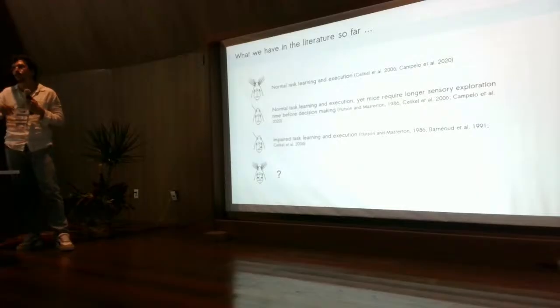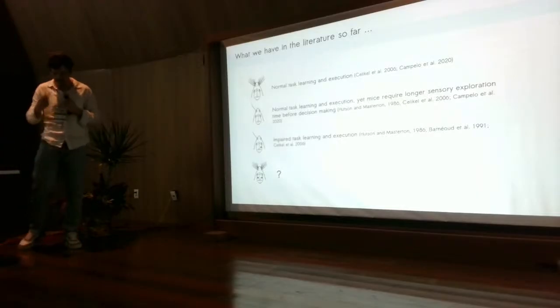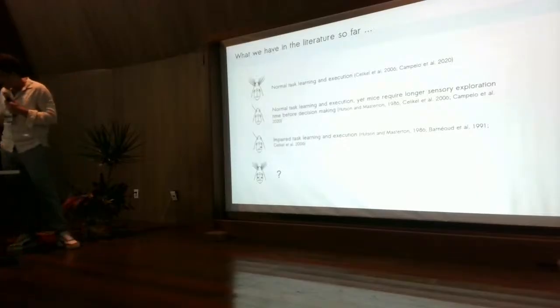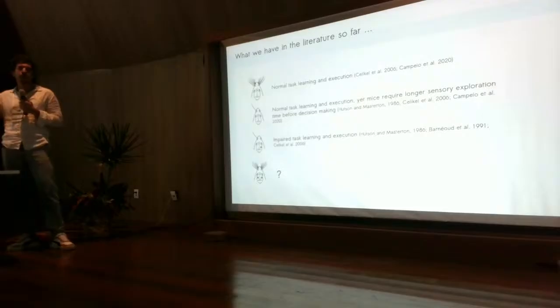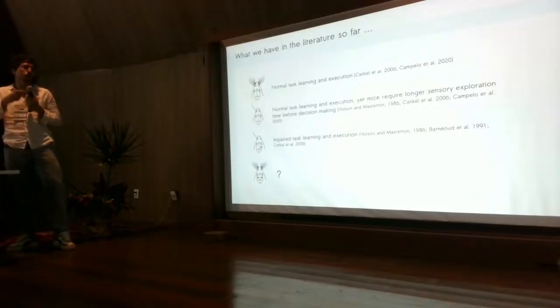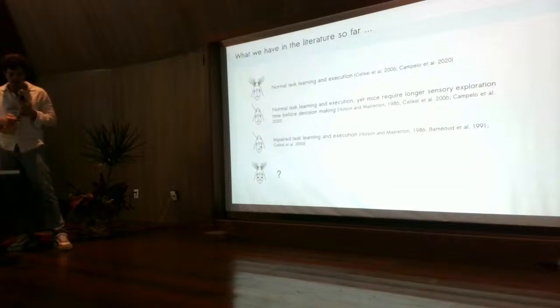The animals cannot use the vibrissae at all to cross. We think this is a kind of catastrophic combination that the system cannot deal with: you have a damage to the sensory apparatus and a damage in the barrel cortex. That's why we think this result is common in the literature.